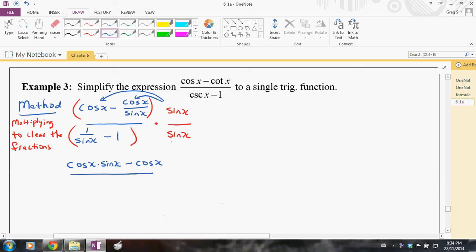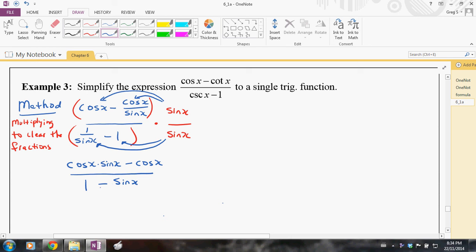So looking at the denominator, I will multiply this out, and I will get, well, 1 over sine of x times the sine of x, that's going to be equal to 1 minus, so now when this multiplies out, I get minus the sine of x. Okay, so that's kind of neat. So we're coming along quite well here.